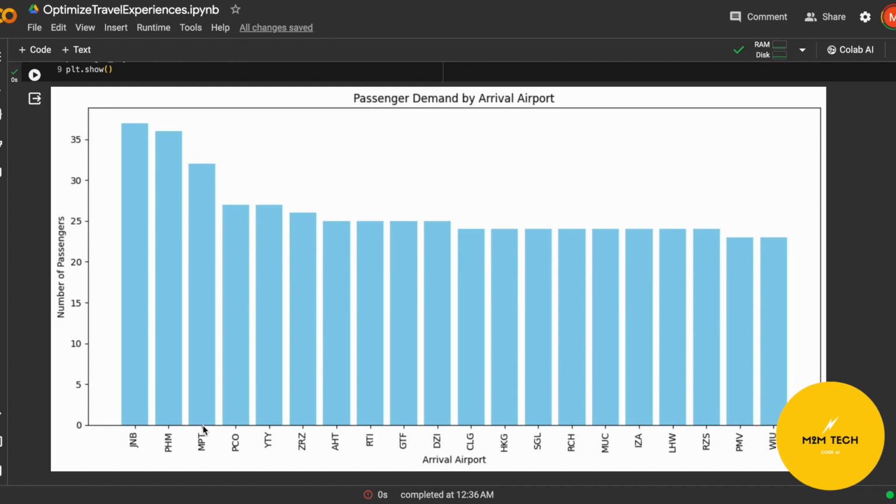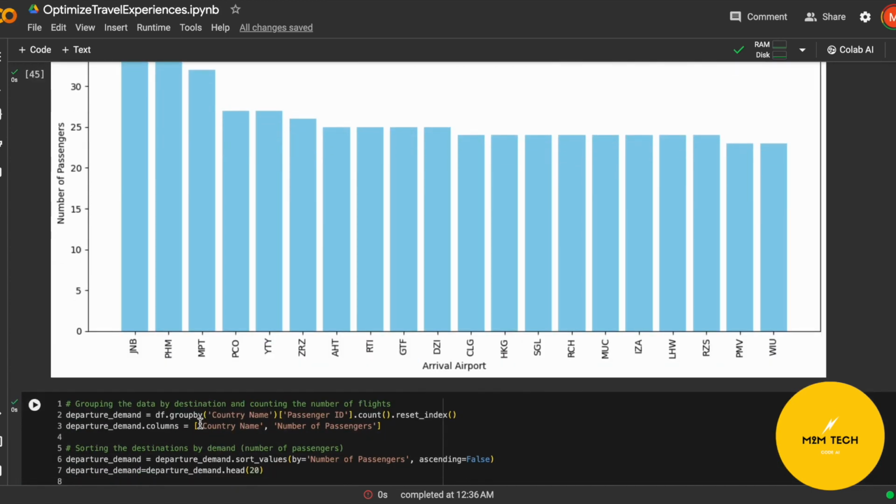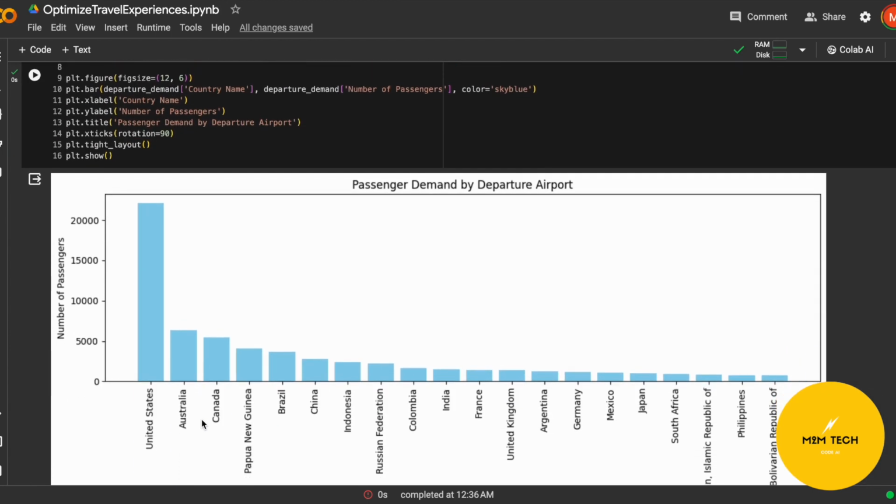And then I want to understand which country maximum flights are taking off from, and on plotting that we understand that the United States has a lot of flights taking off from there.